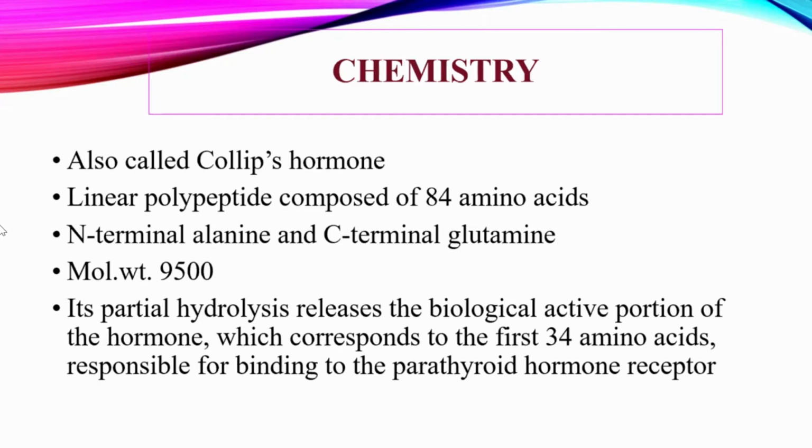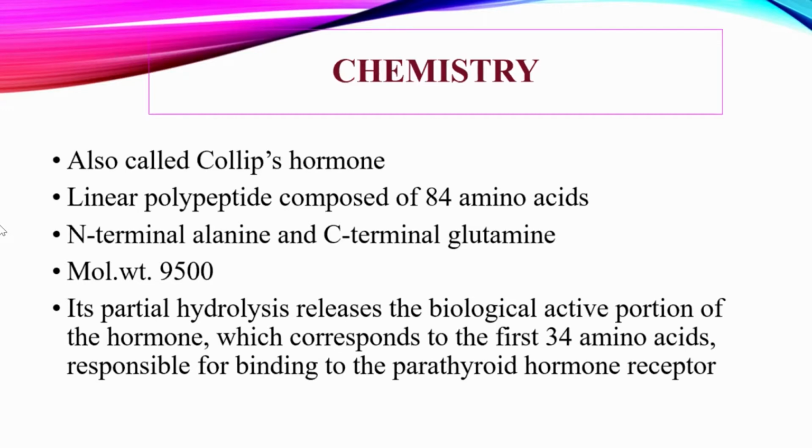Even if we partially hydrolyze parathyroid hormone into two segments from the N-terminal, that is from 1 to 34 or 35 and the rest, the first segment, which contains amino acids 1 to 34, is still active.